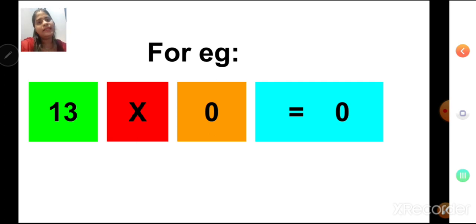Any number you can take. 2 into 0 is 0. Today we have done 12's table, and in that you observed that the first one was 12 multiplied by 0 is equal to 0. So any number multiplied by 0 is 0. So these are all 3 multiplication facts.